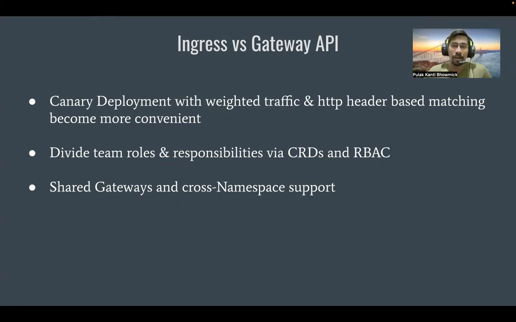You can specify those things in the CRD field, and also specify what percentage of traffic will be routed to which app. We'll see the CRD soon. The third point is that you can use a shared Gateway with cross-namespace support. That means if you have two teams like dev and QA, both can share the same Gateway, even if they are from different namespaces.